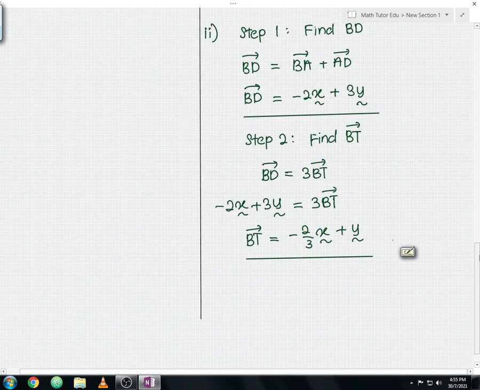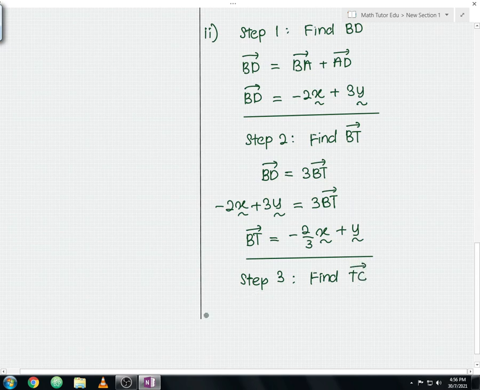Once you have found vector BT, now we can use vector BT to find the vector TC. Let us write down the working here. So step 3, we're going to find vector TC.